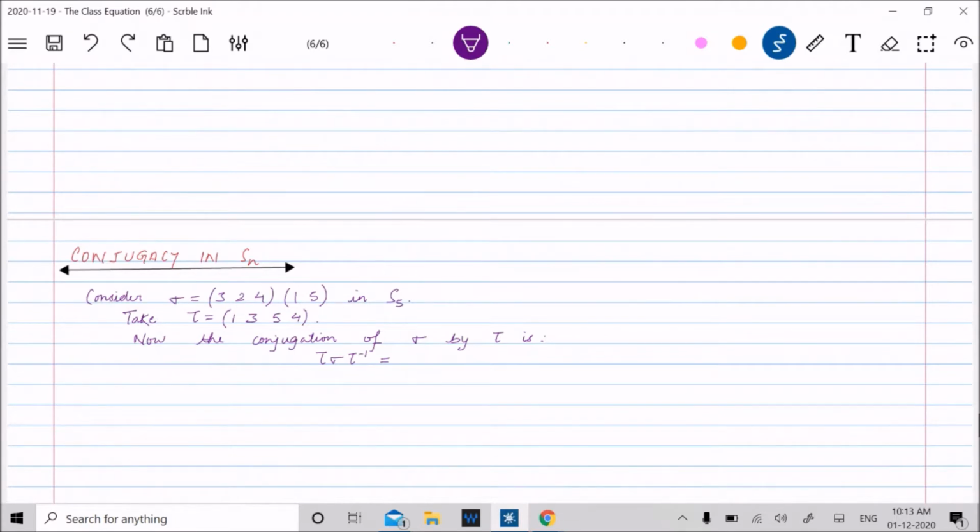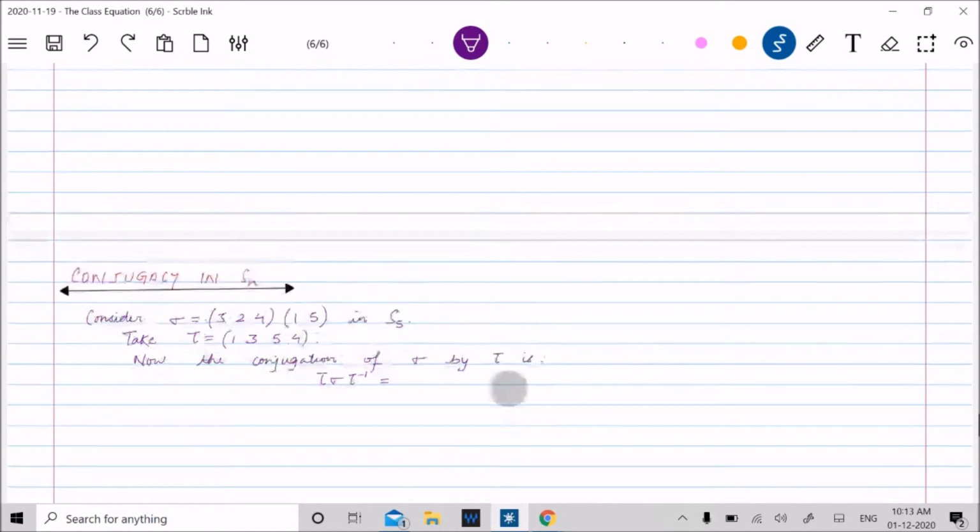And now I'm going to conjugate sigma by tau, and you know that the operation of conjugation is this. It means that the element sigma is conjugated by the element tau, right? The element which is sandwiched in the middle between the element and its inverse. Then you say that sigma is conjugated by element tau, right?